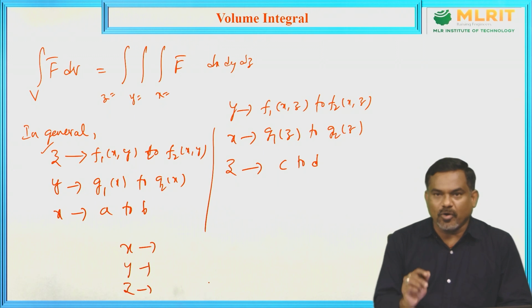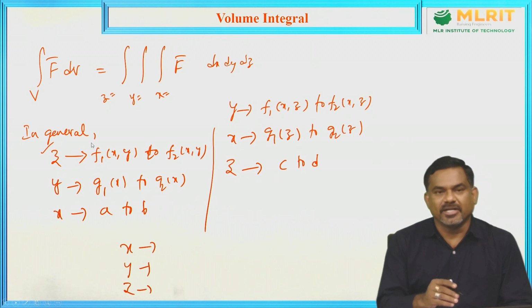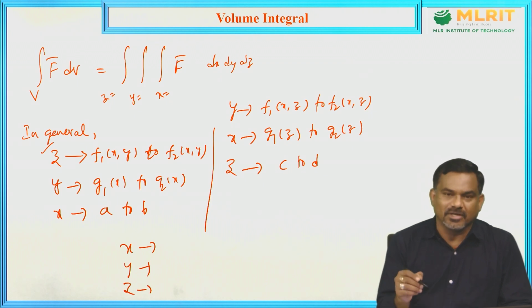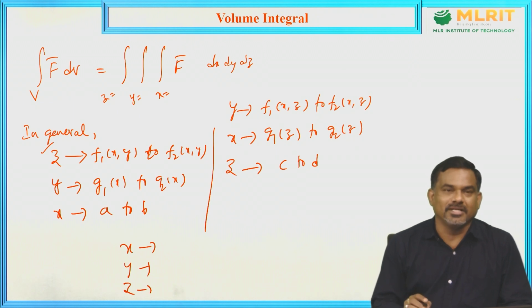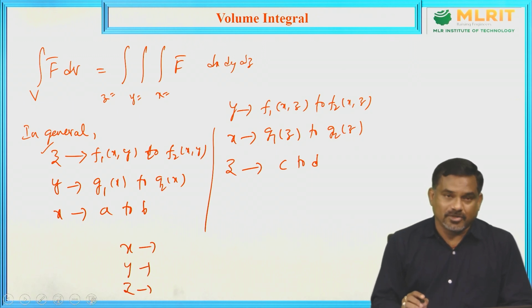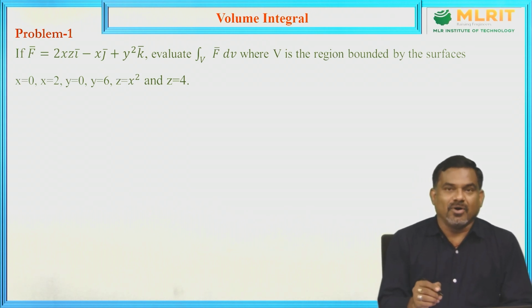So the main point in the evaluation of a triple integral is that we find the limits of the first variable in terms of the remaining two, the limits of the second variable in terms of the third, and the limits of the third variable in terms of constants. So this is the procedure to identify the limits of a triple integral.